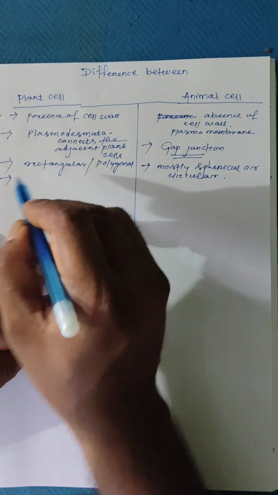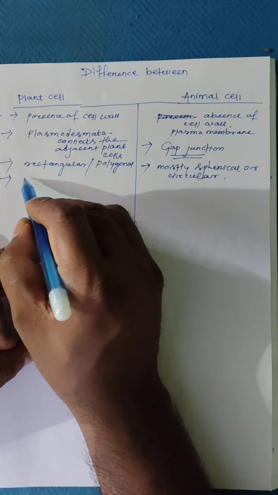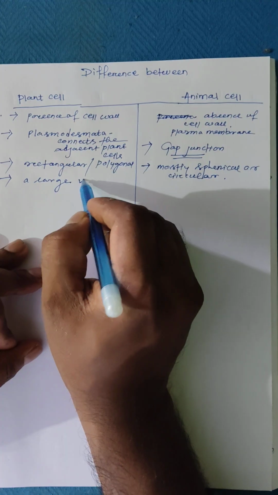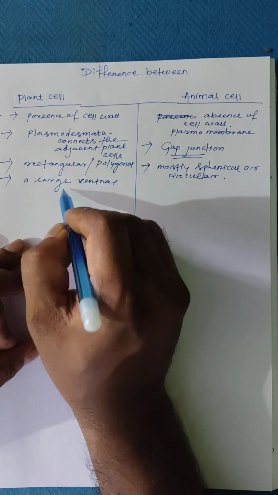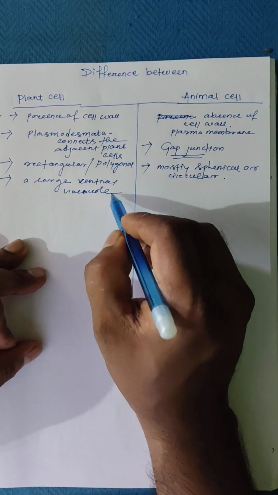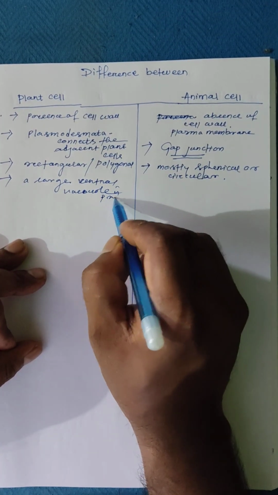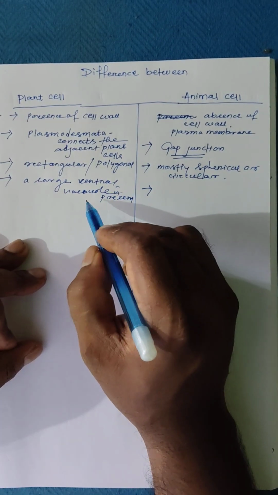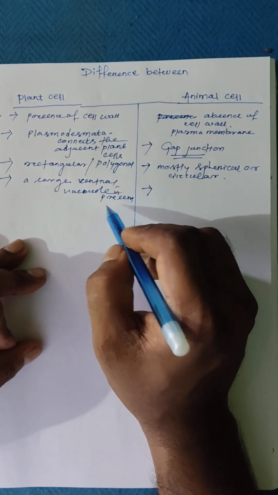In plant cell, a large central vacuole is present that occupies most of the space of the cell cytoplasm.